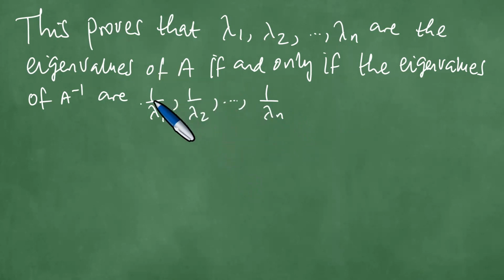These are powerful results. So to get the eigenvalues of the inverse matrix, you just reciprocate, making those eigenvalues 1 over lambda, and they will then be eigenvalues of the inverse matrix.